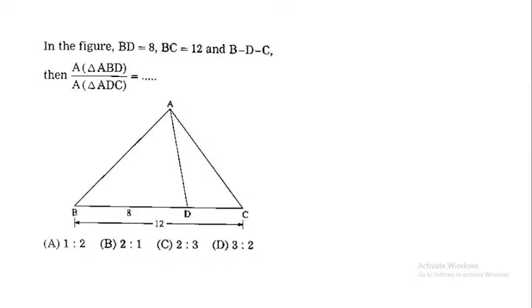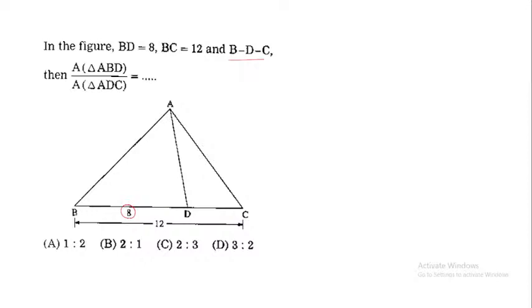This is the question based on the diagram given. In the diagram, triangle ABC is given, and it is given that BD is 8 and BC is 12. Its length is 12. B, D and C are collinear points.